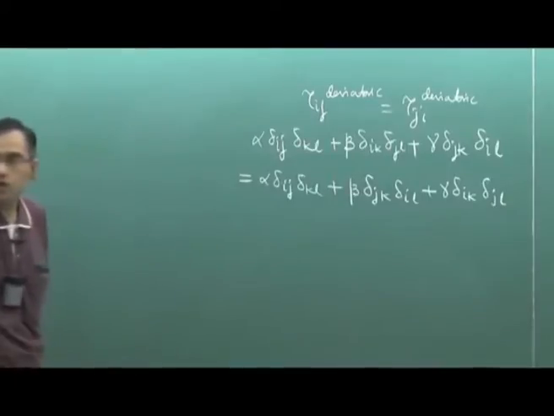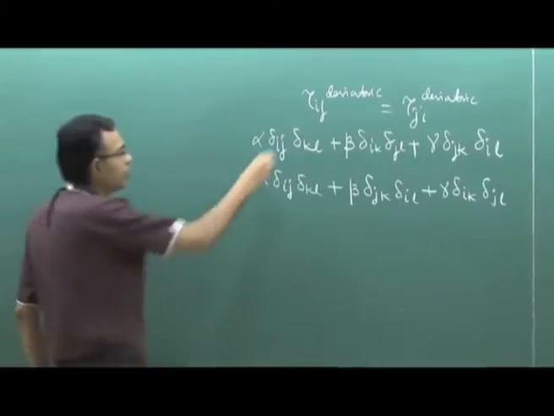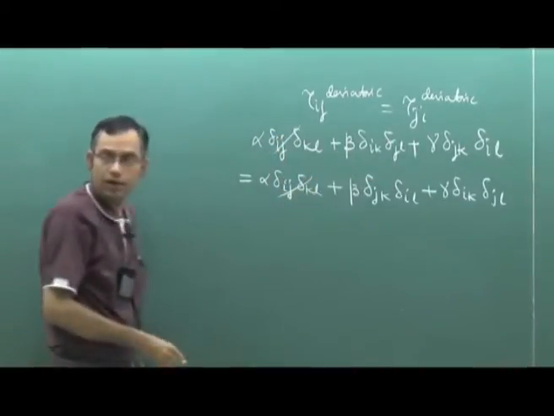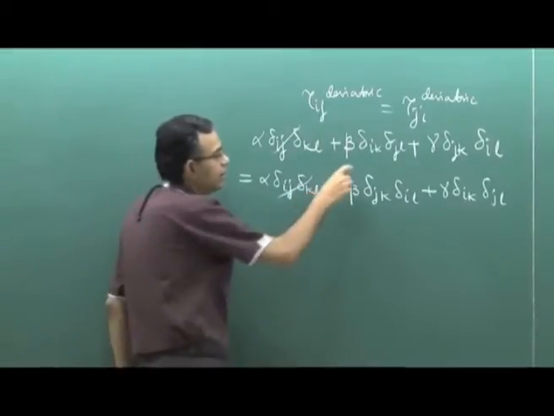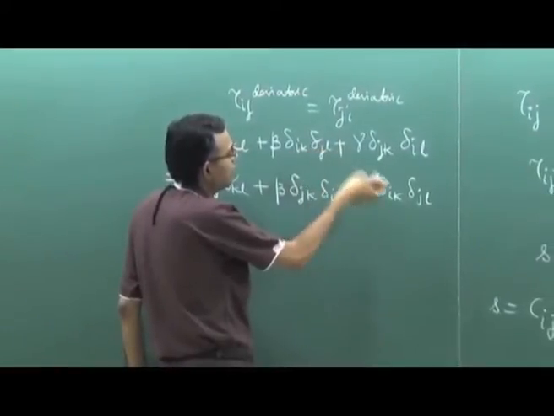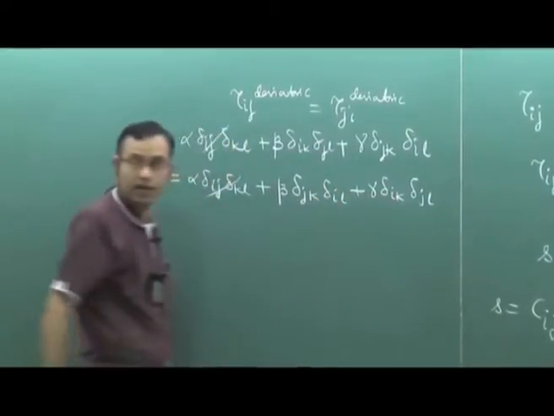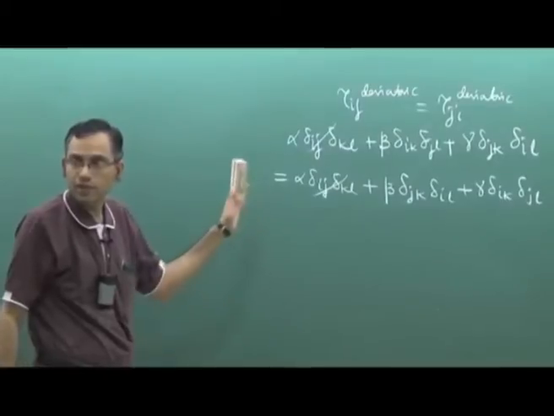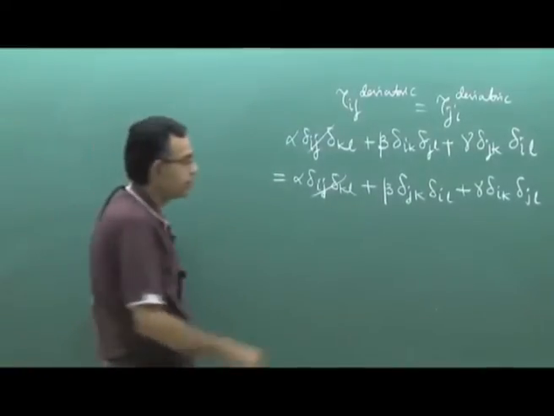From here what we can conclude? We can conclude that beta is equal to gamma, right. You can see that it will be beta minus gamma into delta_ik delta_jl minus delta_jk delta_il equal to 0. So that means you have beta is equal to gamma.